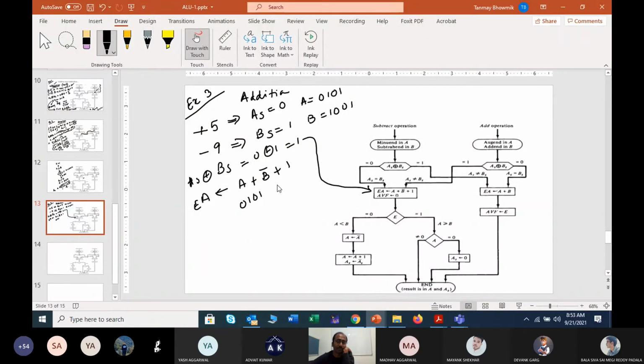That means your B complement should be 0 1 1 0 along with your addition 1, so that means it should be 0 1 1 1. Now when you add them, that is 0 1 0 1, along with them 0 1 1 1.